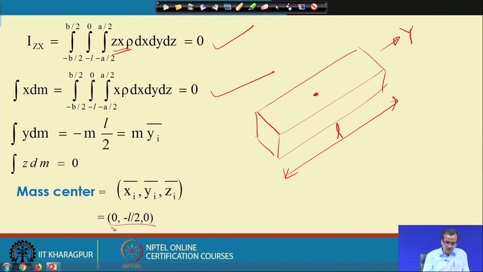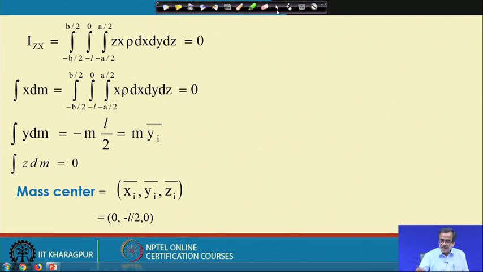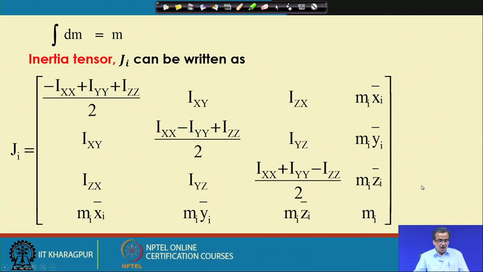This is actually the coordinate of the mass center, and that is why minus m L by 2 can be written. In place of minus L by 2 I am writing y bar, and then integration z d m equals 0. If we carry out this integration, we can also find out integration d m equals m.